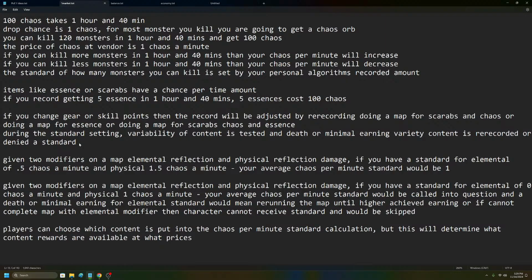But if you dip below that and you're still automatically running the content, you're at 0.5, let's say, that means you get less Chaos Orbs per hour, and the resonators are more expensive.